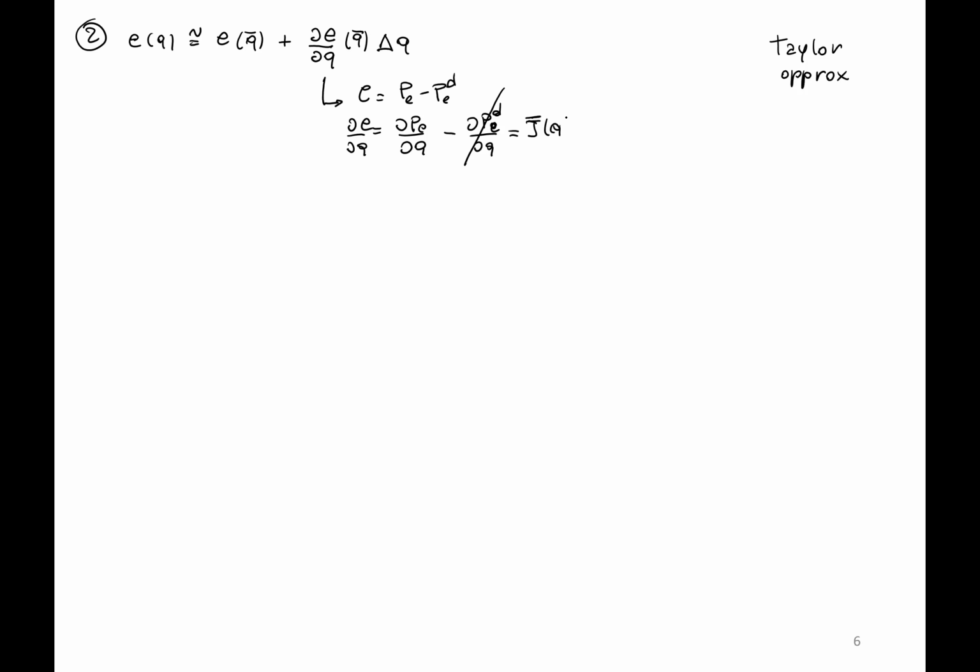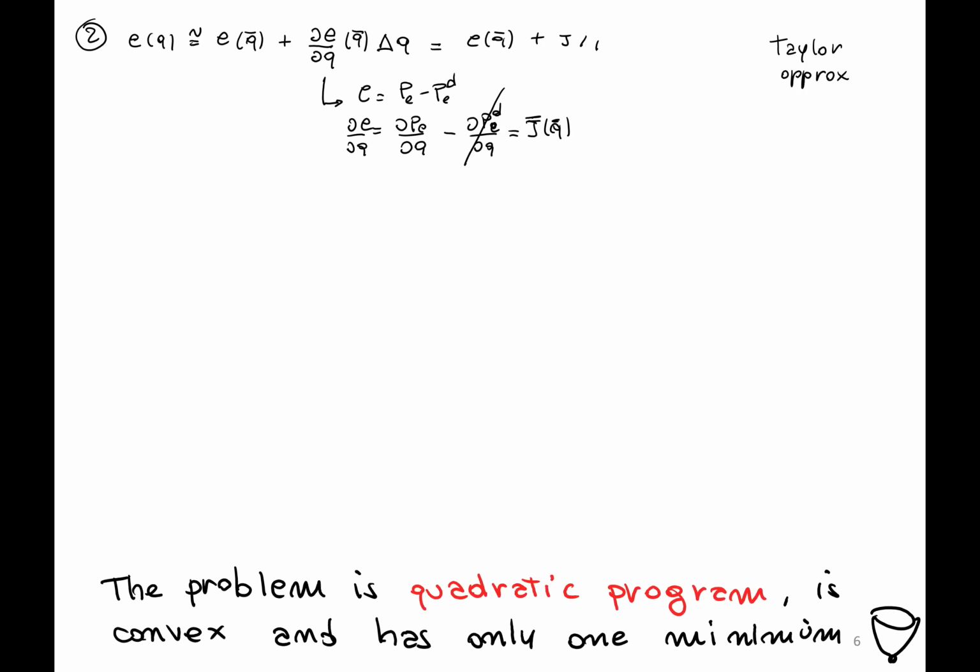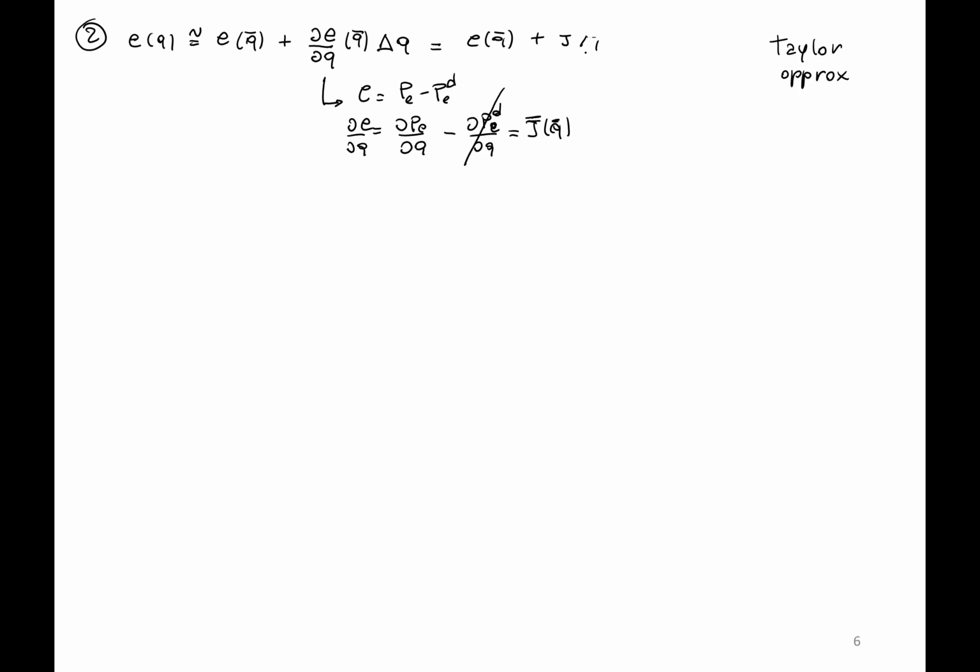And remember, we need to evaluate at Q bar. So we have this expression, Jacobian, times delta Q.